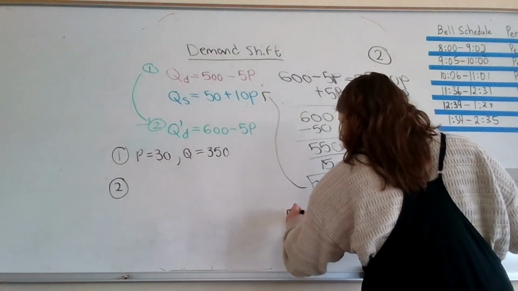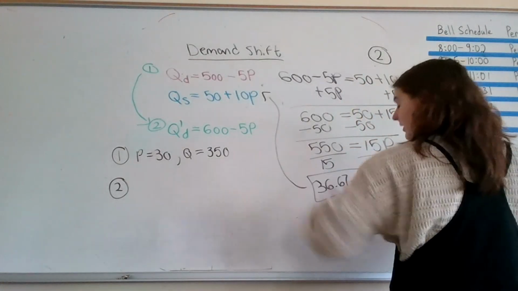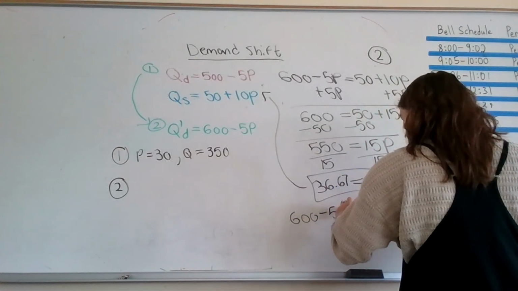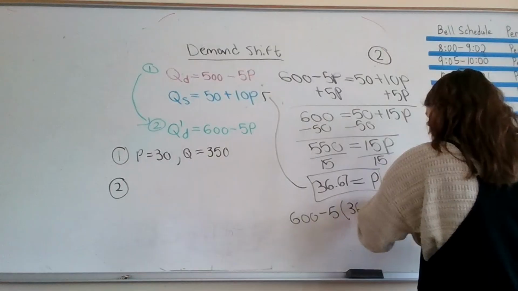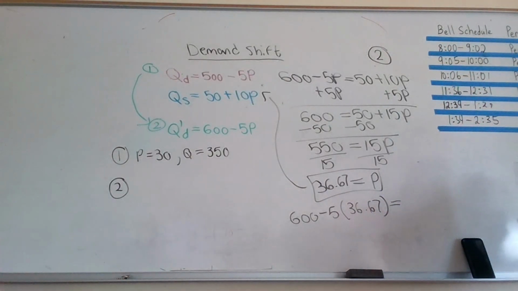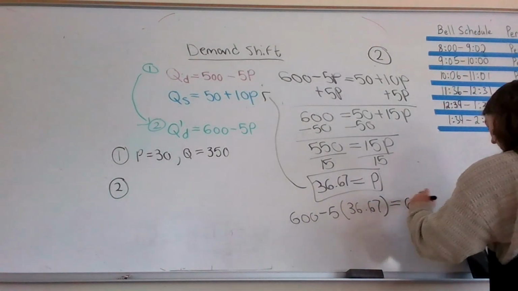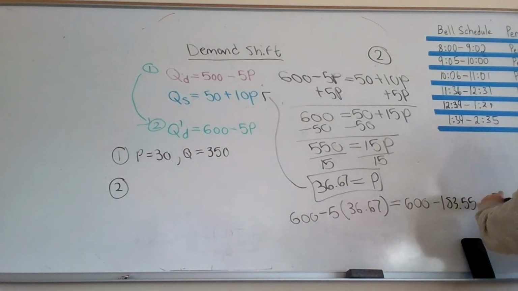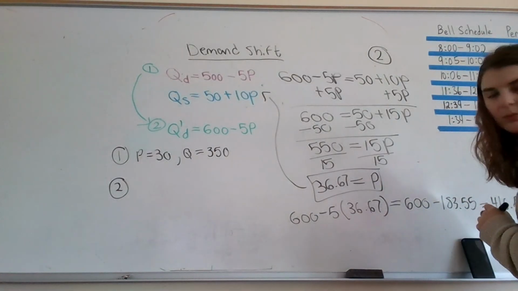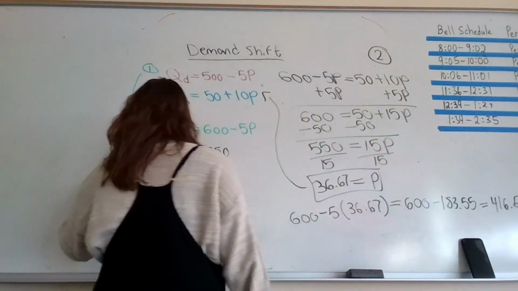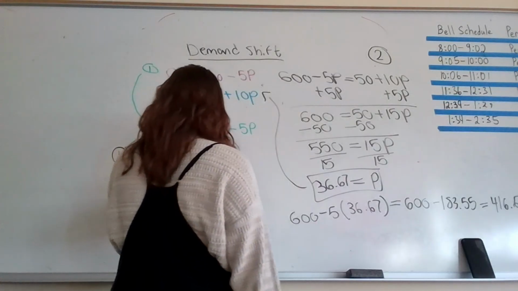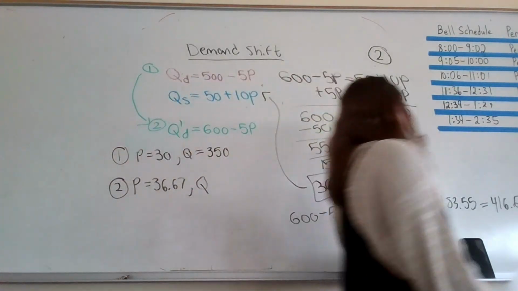We're going to put that in, that's the new one. 600 minus 5 times 36.67 is going to be 600 minus 183.35, and that's going to be 416.65. So our price was 36.67, and our quantity should be 416.65.